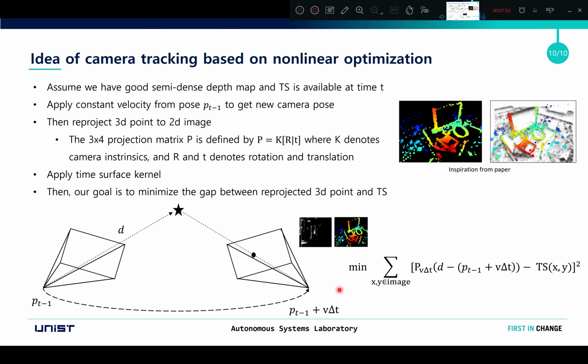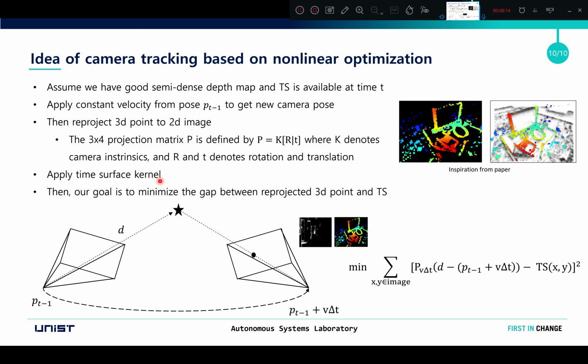Assuming that the camera moves at constant velocity, each pixel has a time delta t. So the camera position can be considered as p_{t-1} plus v delta t. The vector from the new camera position to the 3D point is d minus (p_{t-1} plus v delta t).